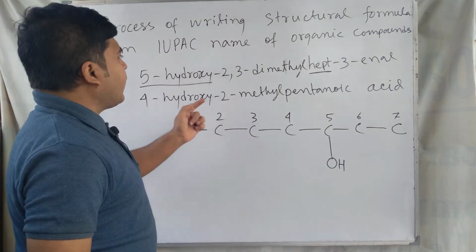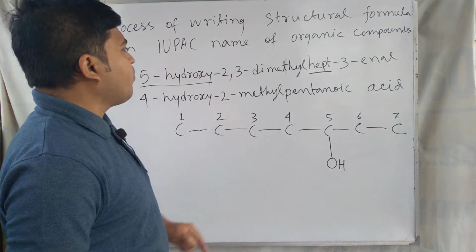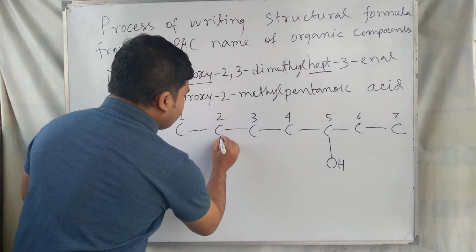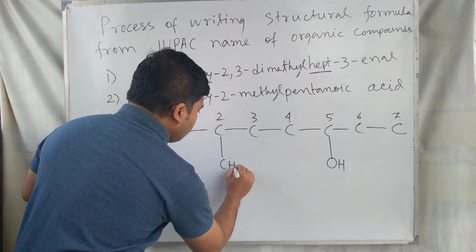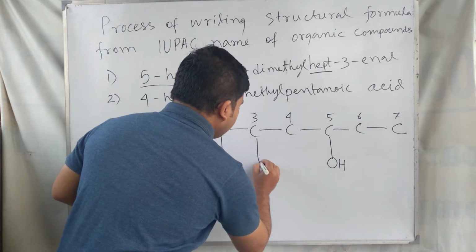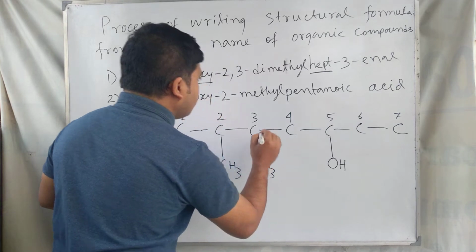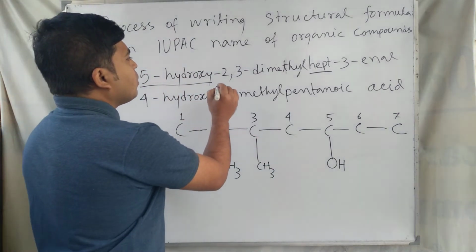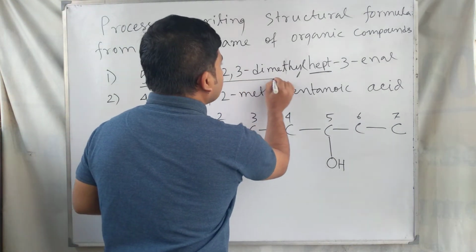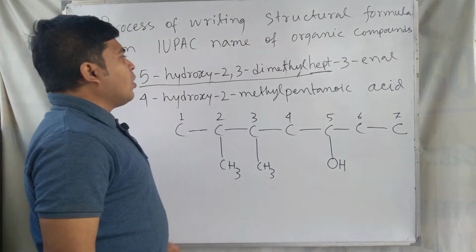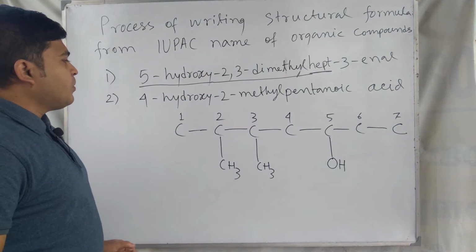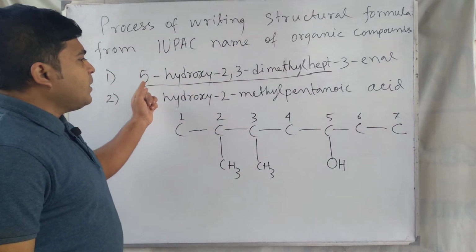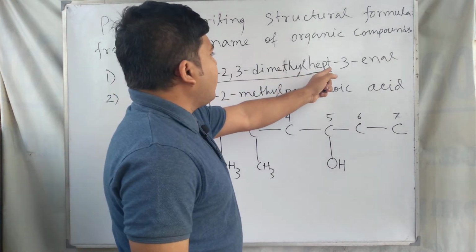Next, 2,3-dimethyl. The 2 position is this one, here 1 methyl. The 3 position is this one, here another 1 methyl. So we are writing up to 2,3-dimethyl hept.